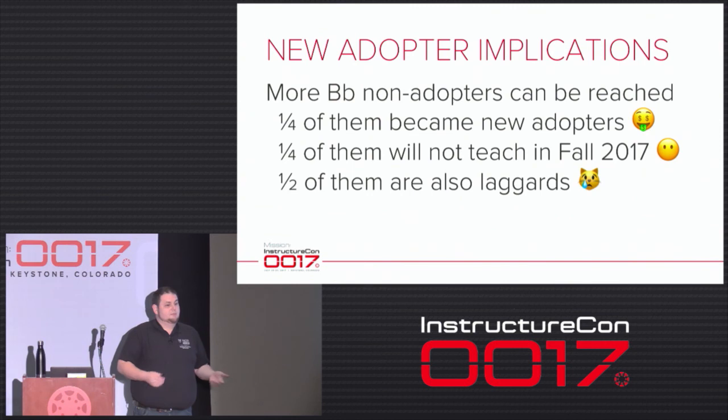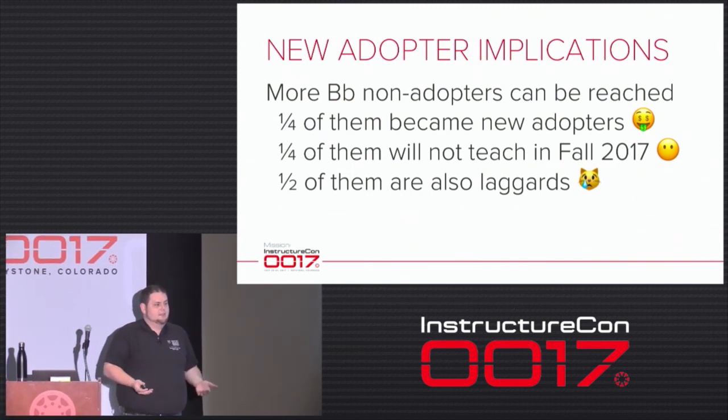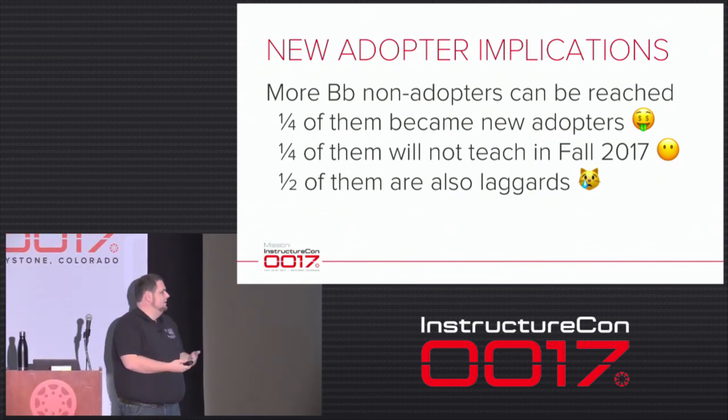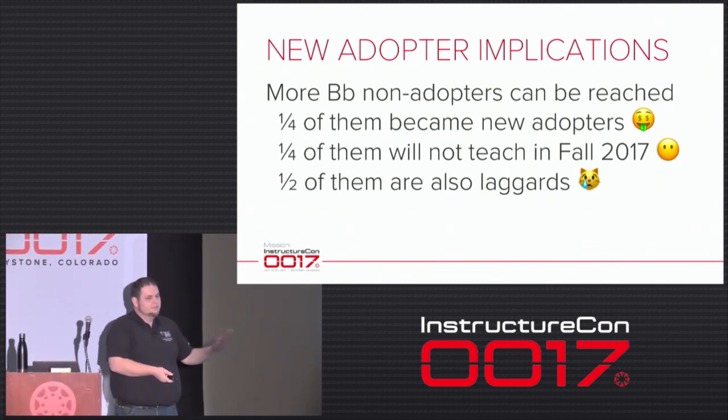I don't know why. Maybe they're on leave, maybe they're retiring, maybe it was their last term teaching at Emory on a contract. There could be a lot of reasons. So a quarter of them, kind of no worries for our transition goals. And then half of the non-adopters of Blackboard, 95 of them, also came up in my Laggard query. So sad cat there, I guess.